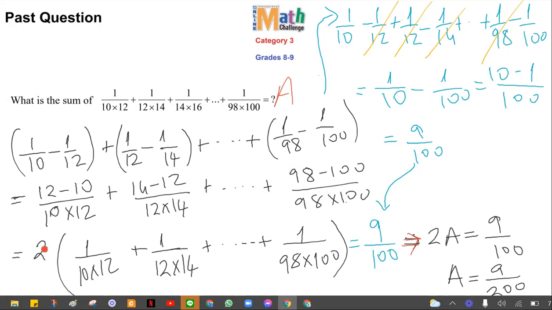After you factor out 2, the inside bracket is exactly what we need. If you call this A, then 2 times A, 2A, equals 9/100. From here, A comes to 9/200.